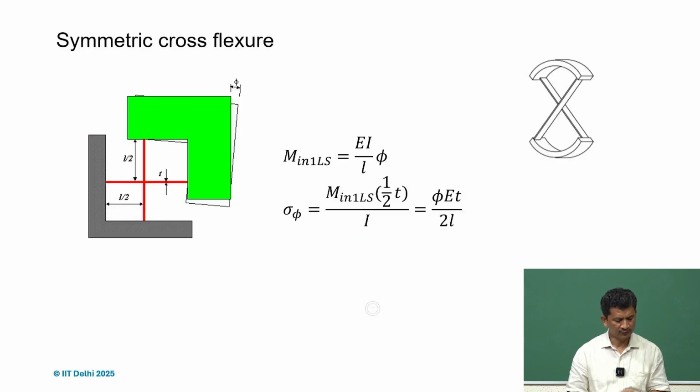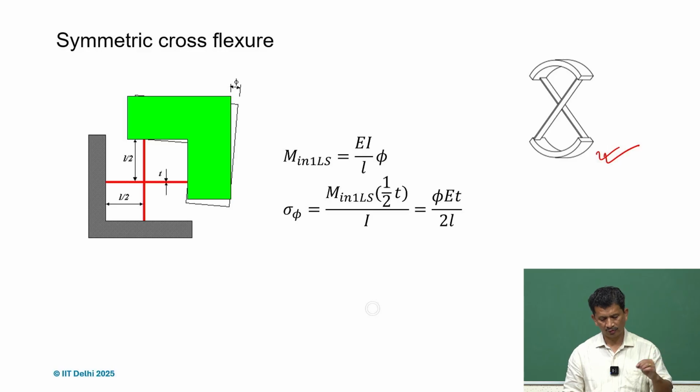So when we consider this case, yes, it looks symmetric, but they are overlapping and not crossing each other, and they are free to deform. What we realize is that when it deforms, the point P moves.